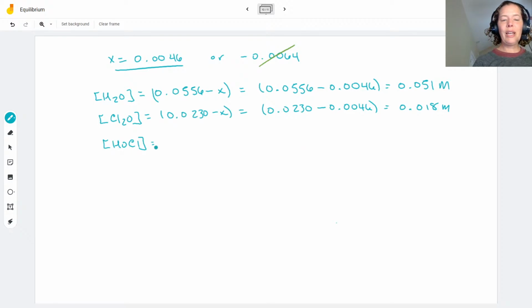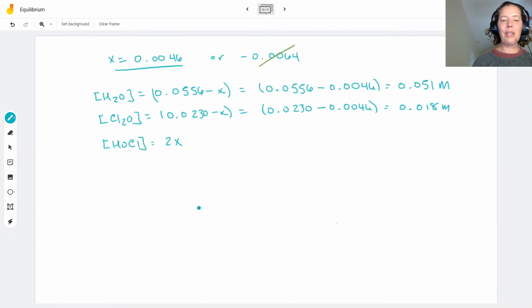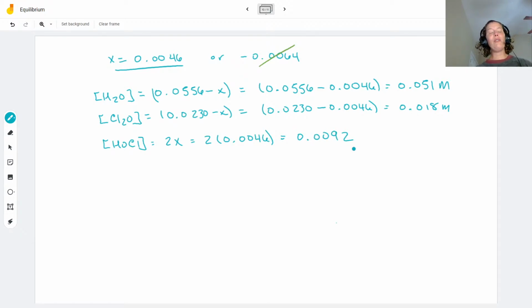And for my HOCl, it's the same thing. This is 2x, so again, remember, here's my 2x here. That's where that comes from. So this is 2 times my value for x. And this equals 0.0092.